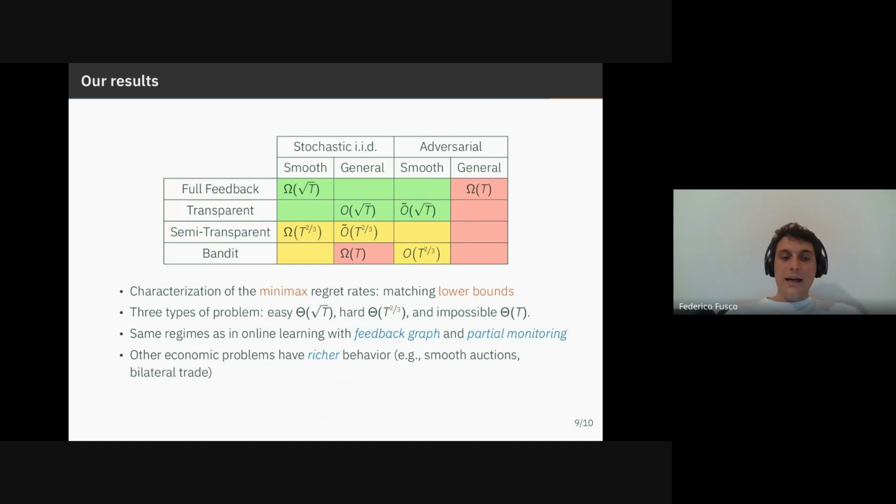Differently, there are other economic problems that have richer behavior. So for example, there are smooth auctions and bilateral trade, where it is possible to have, for instance, a minimax regret rate of T to the 3/4. So there is an interesting separation between this problem and other similar economically motivated problems.